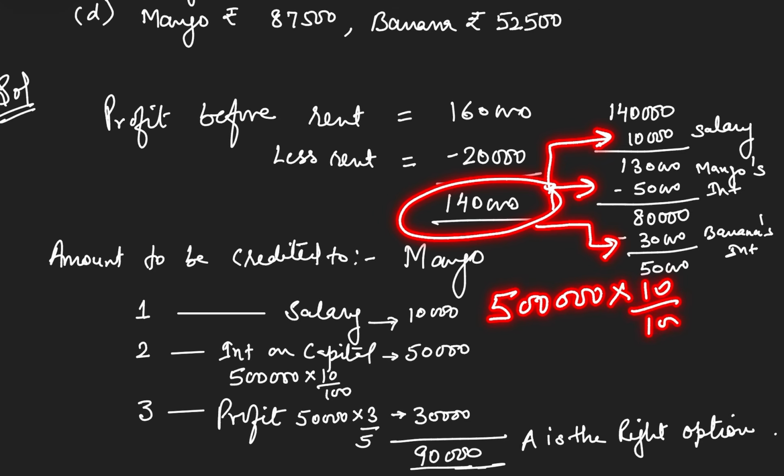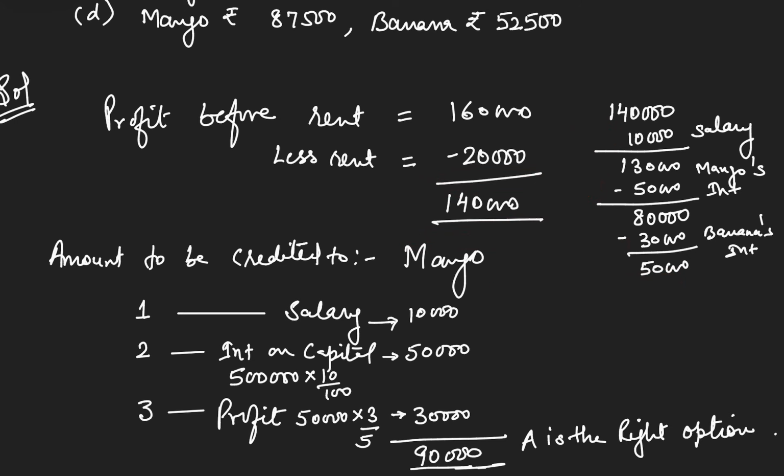Right, the interest was 10%, for Mango, that was 50,000, and for Banana it was 10% of 3 lakh, so that is 30,000. After subtracting the salary, interest of both the partners, the amount of profit left was 50,000. That should be given to the partners in their 3:2 ratio.